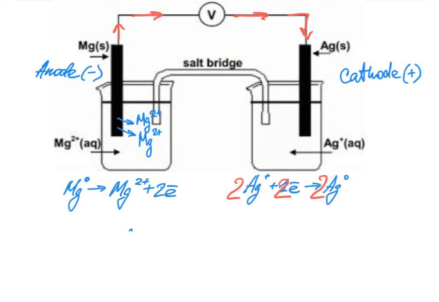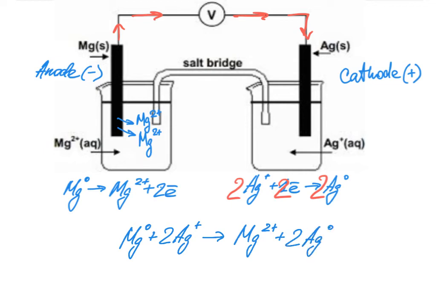Now we can fuse these 2 half reactions into the overall redox reaction that is taking place in this galvanic cell. We can predict increase in the concentration of magnesium ions in the solution on the left and the decrease in the concentration of silver ions in the solution on the right, as the magnesium is getting oxidized and silver ions are getting reduced.